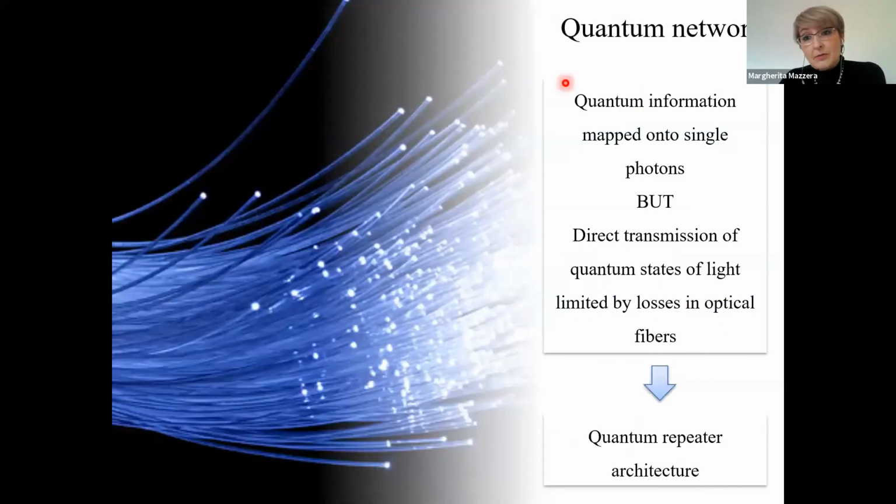In particular, we've also seen earlier today that for quantum network applications, where the idea is to encode the quantum information, so map it into the state of single photons, they are very important for the realization of the so-called quantum repeater architecture, to overcome the problem of loss of information due to the loss in optical fibers.